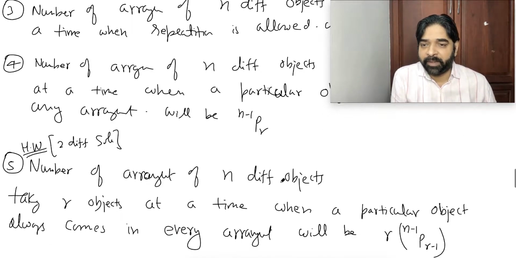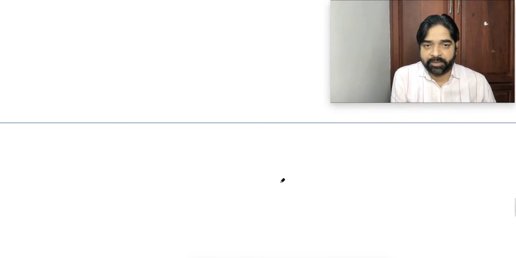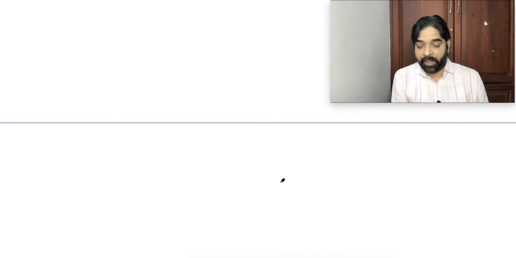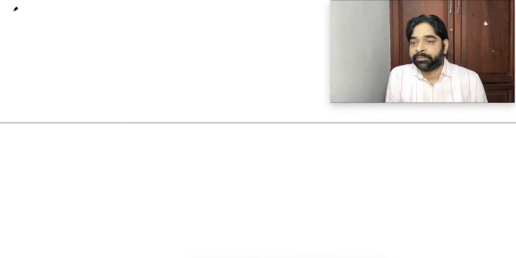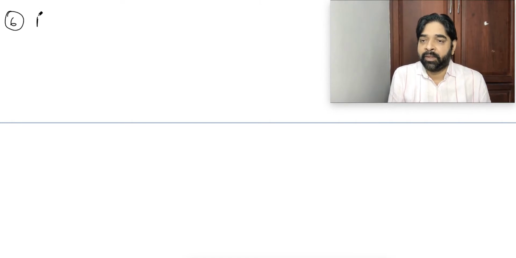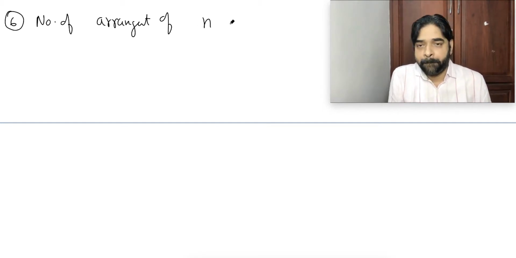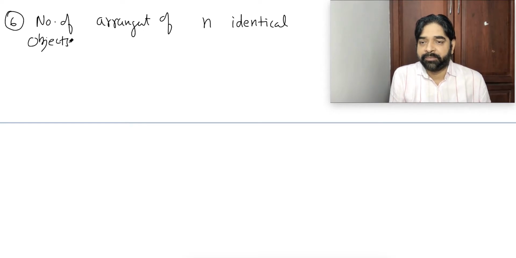So the number of arrangements, this is a restricted case we discussed. Now next, the 6th one: the number of arrangements of n identical objects taking all the objects at a time.